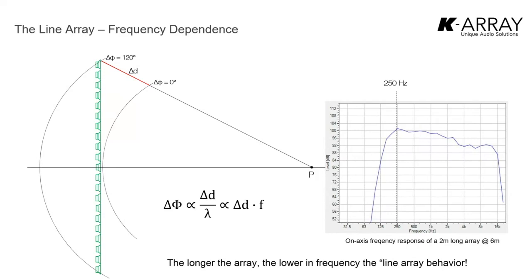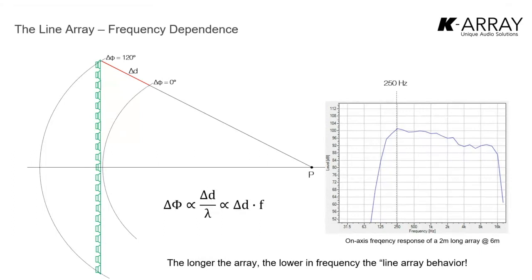When we say that we use line arrays, we need to have in mind that a line array behaves like a line array, so a narrow coverage in the vertical plane and long throw, only from, let's say, some frequencies up. Because the lower frequencies, if the array is not long enough, it's impossible to really throw them in the distance.